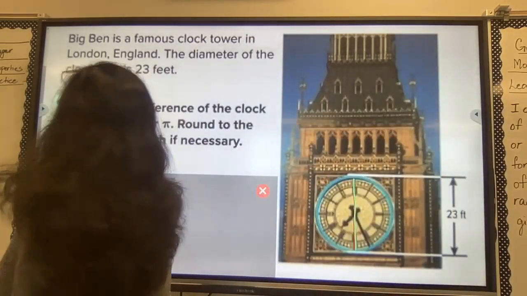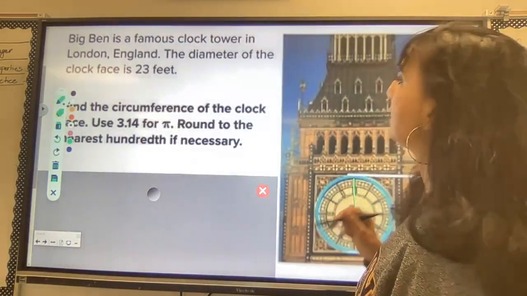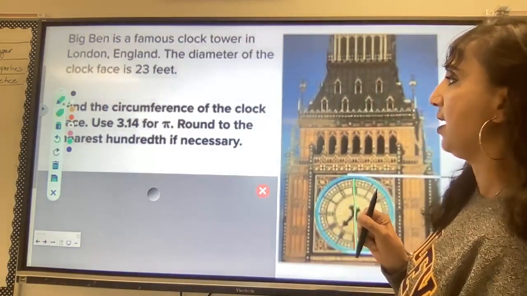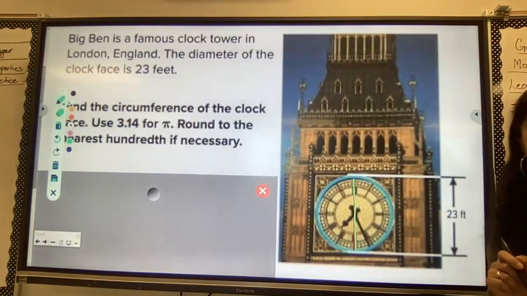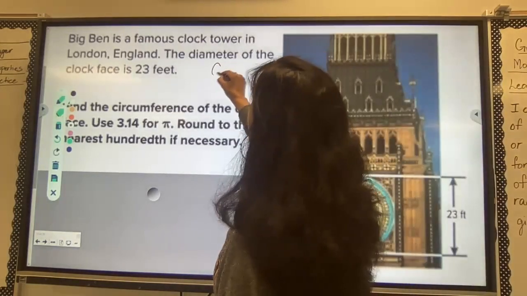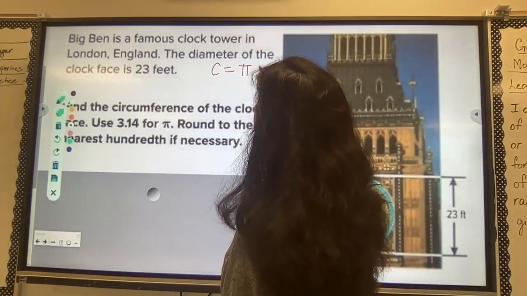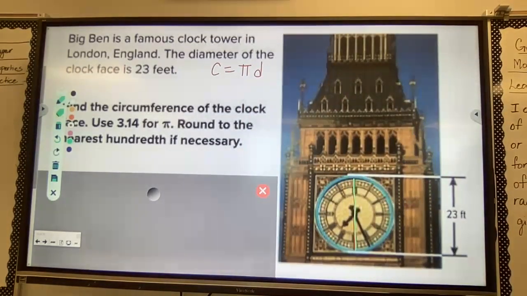Now, when I'm looking at the diameter, it's asking me, find the circumference of the clock face, use 3.14 for pi, and round to the nearest hundredth if necessary. So I know that circumference is equal to what? Pi times diameter. And now what is the value of pi?